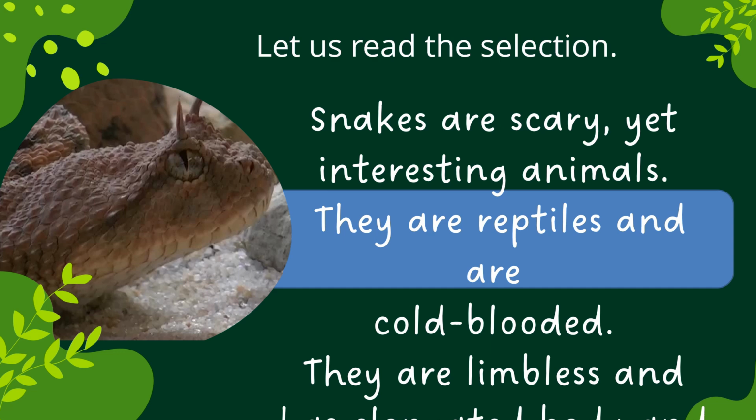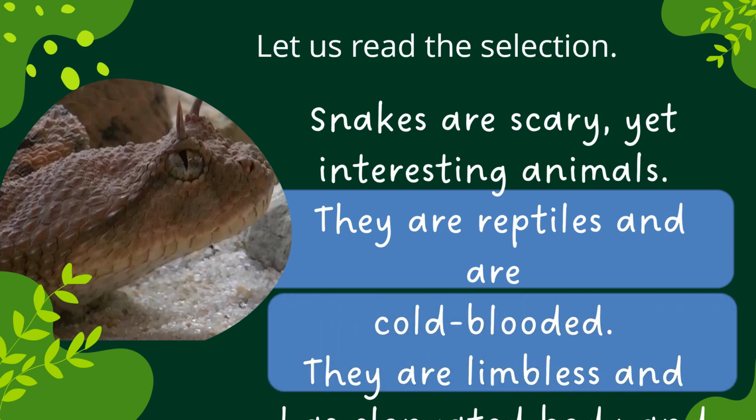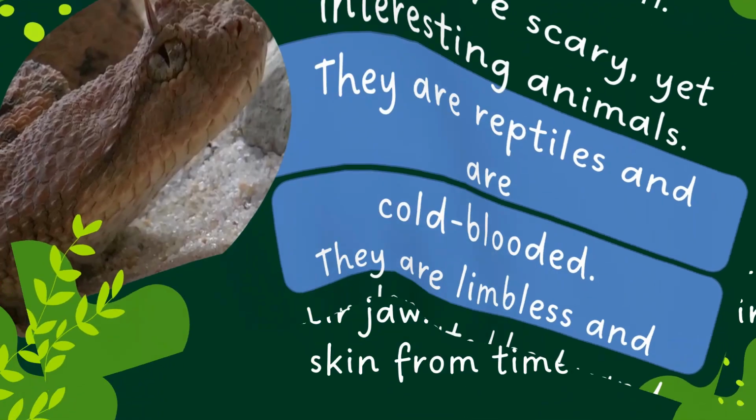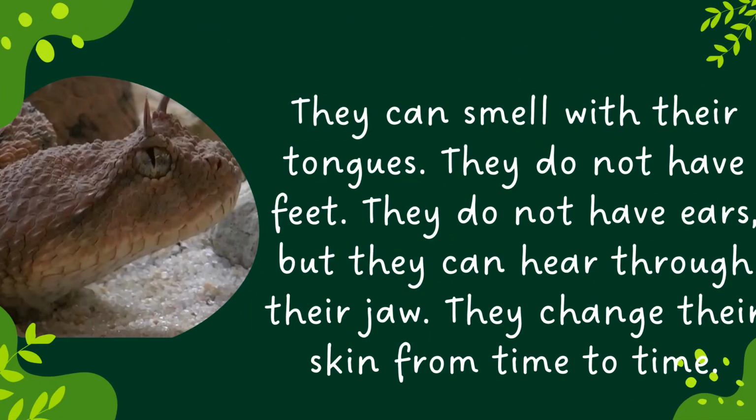One of the characteristics is that they are reptiles and they are cold-blooded. One more thing is that they are limbless. That's correct. But children, what else? Give me other characteristics of snakes.